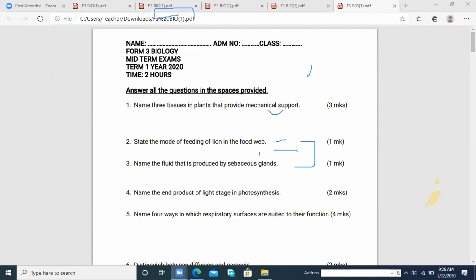So this is what we are going to discuss today. We are to revise that paper there. So we shall start with the first question, and I expect that you have people participating. Where you have a question, you can feel free to ask.